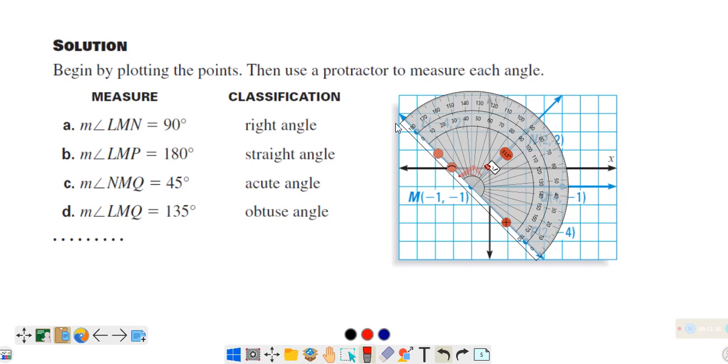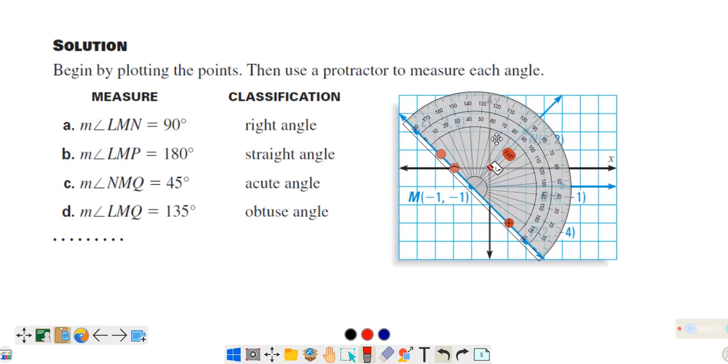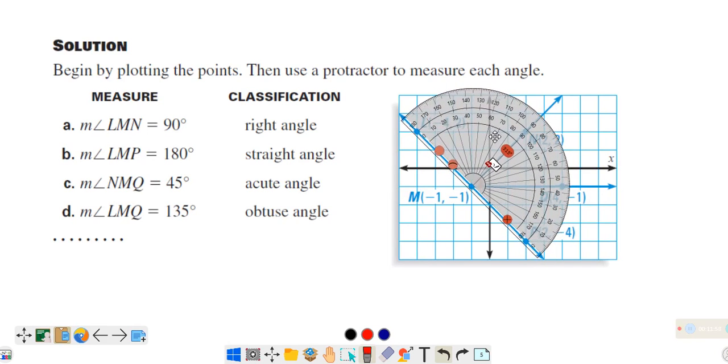So, 180, straight line nga siya. Tama. So, this is 180. Next, we have NMQ. Burahin ko lang to. N, M, Q. Ito lang siya. Okay. So, using our protractor, i-plot lang ulit natin sa vertex.